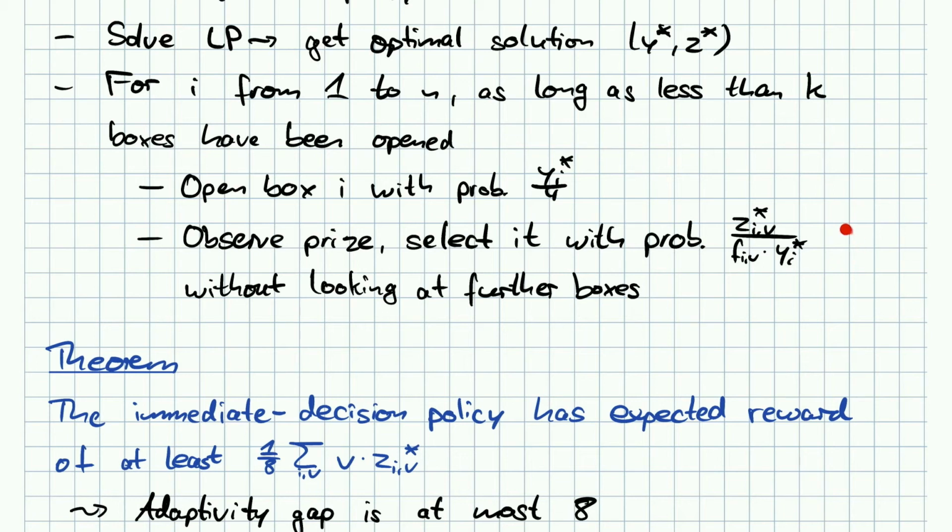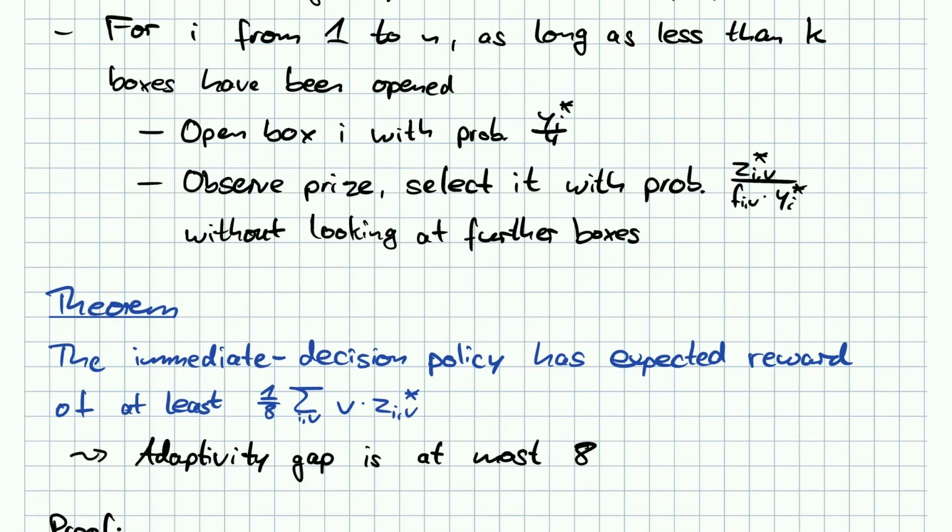So if this happens, then Z_{i,v} will be 1, otherwise it will be 0. And what was important for this? Well, a couple of things have to happen, namely that the for loop reaches this iteration at all, so that we didn't select anything before. Then we'll have to open the box, and then this selection also has to happen.